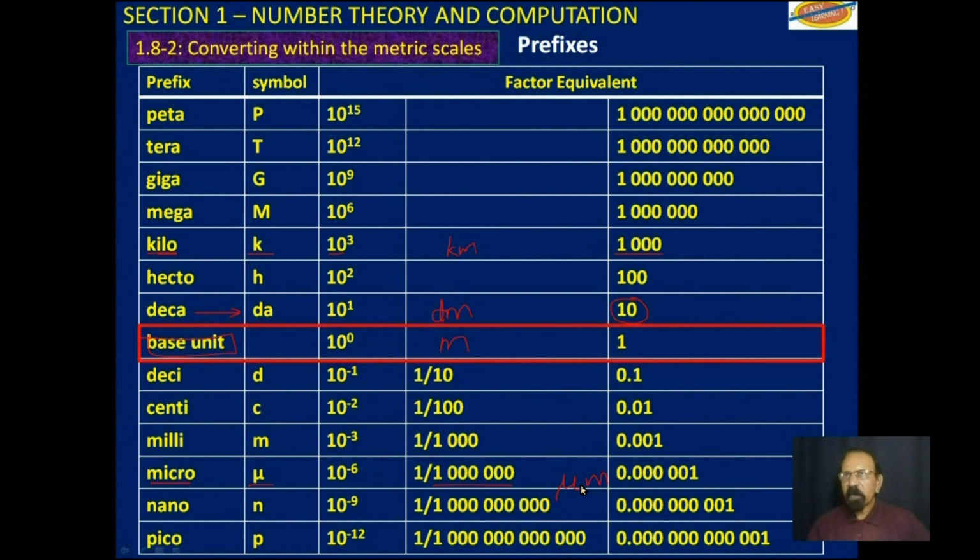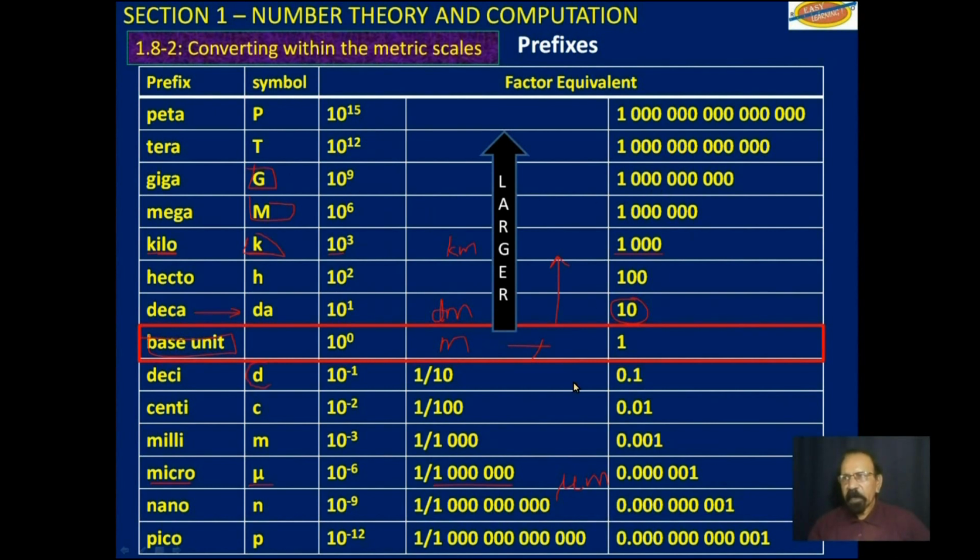Now, these are some of the prefixes, and as you go higher up, the measurement gets larger. Kilo, of course, means 1,000, mega means 1,000,000, giga means 1,000,000,000, and so on.